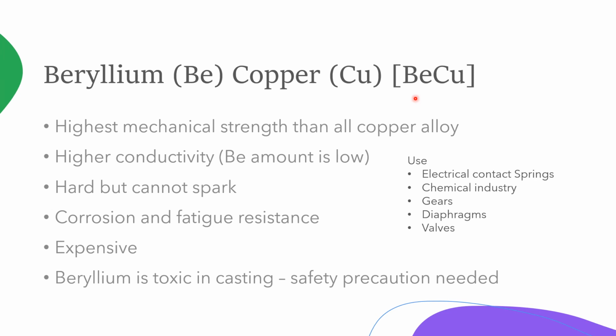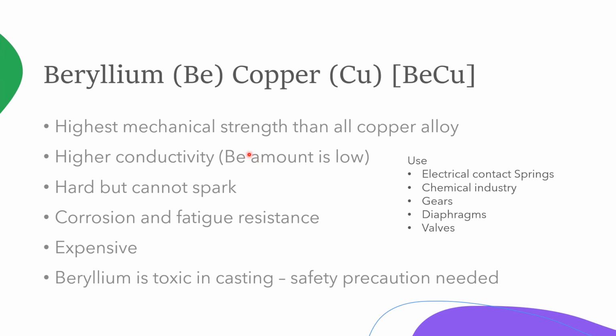Okay, now we get into beryllium, the last one. So beryllium copper. So beryllium is Be, copper is Cu. So they have the highest mechanical strength of all copper alloys. And when the beryllium amount is low, you have a higher conductivity.